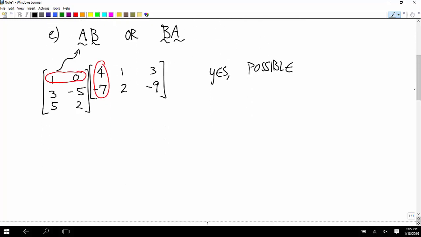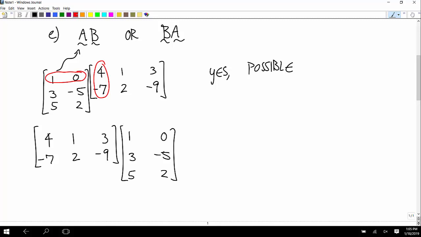What about the other way? So if we have 4, 1, 3, negative 7, 2, negative 9, and then multiplied by 1, 0, 3, negative 5, 5, 2.